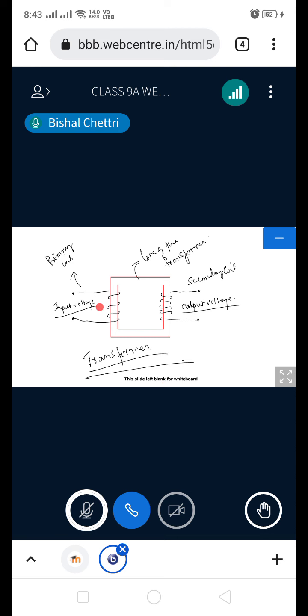Diagrammatically, we have to see the number of turns in the primary coil and in the secondary coil. This will give us an idea about what kind of a transformer it is.